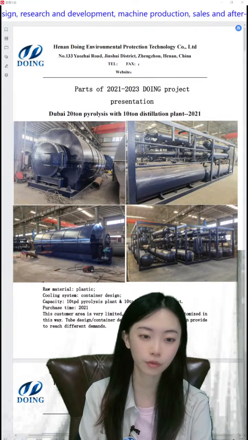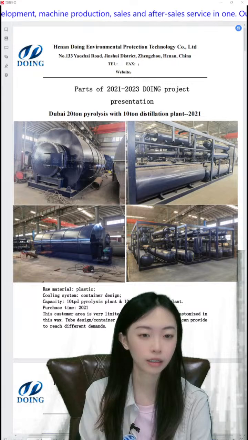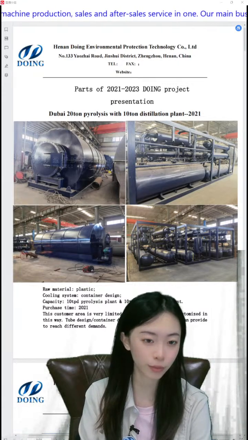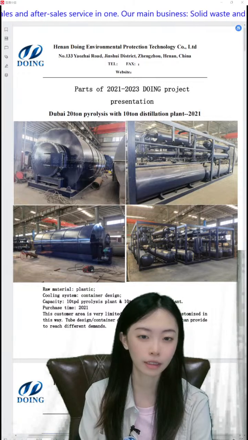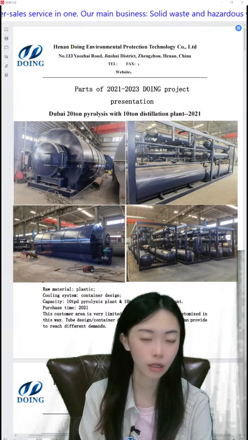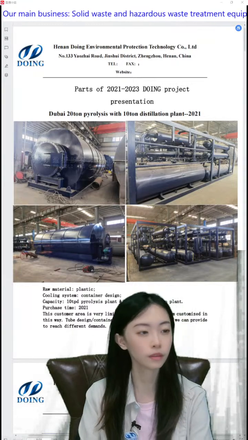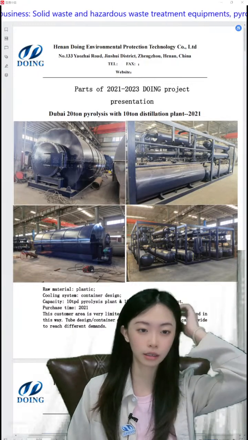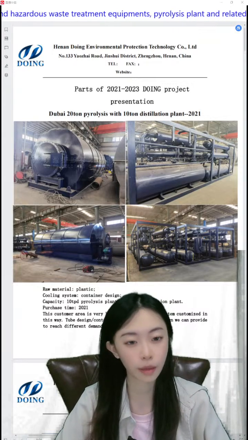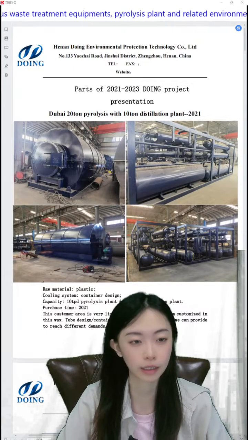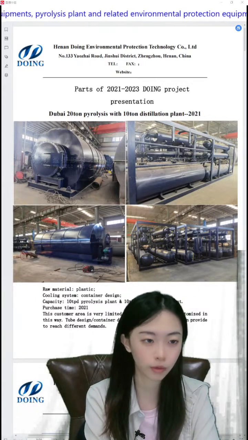For example, the fuel oil, we can sell it to the cement factory, glass factory, or brick factory as a very high heating energy. It is more than 10,000 kcal of heating value. And other products we get, for example, the carbon black, also have a very high heating energy and can replace coal.